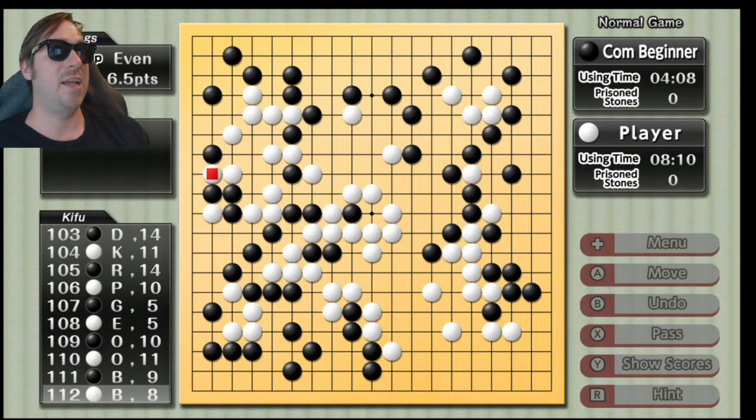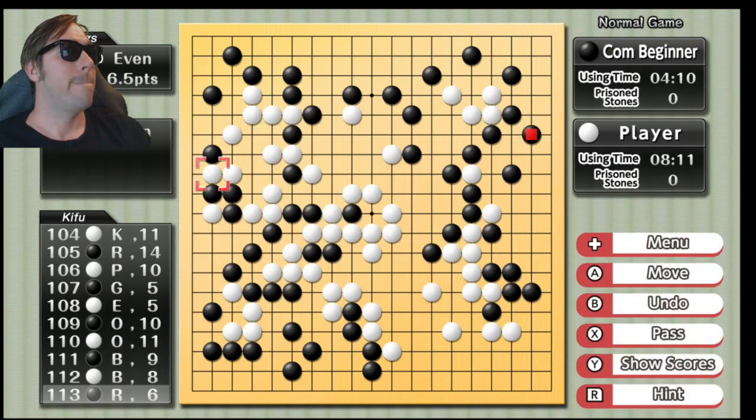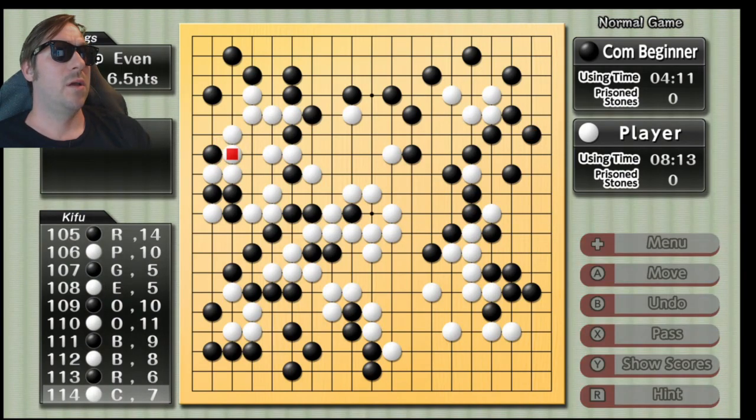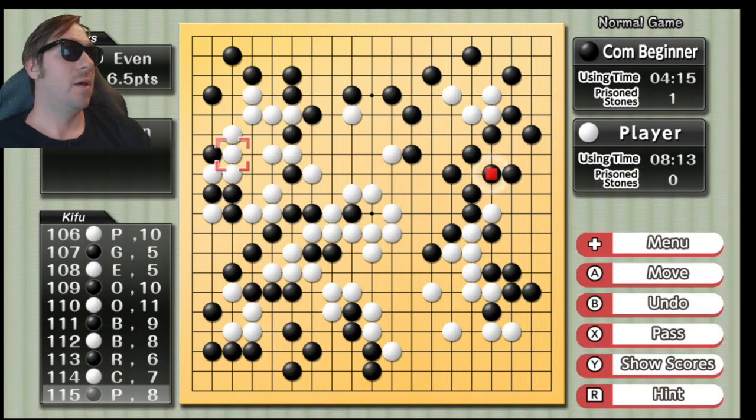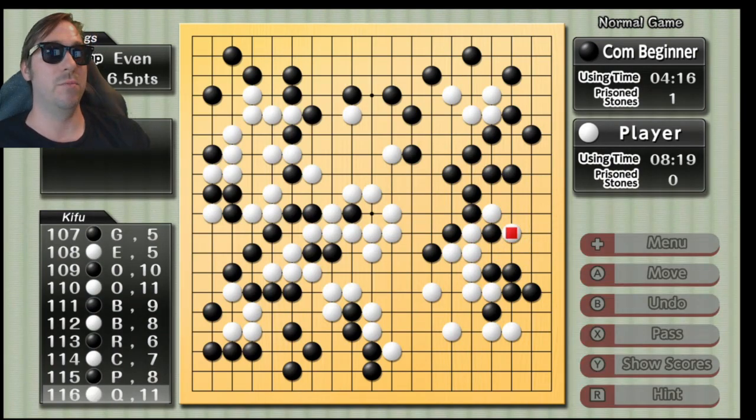I think I need to connect it back to the group. So we'll go up one. He's kind of tangentially connected to the rest of that stuff going on right there. Now there's an eye. I screwed up on this one. I should have killed it. Let's force him down, see if we can kill a group.